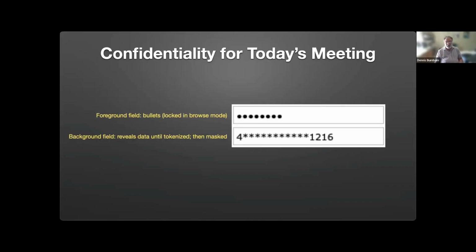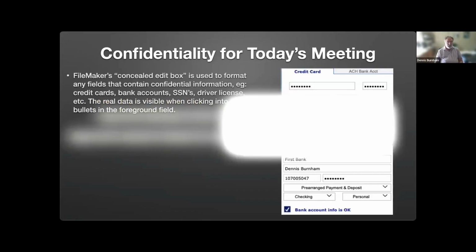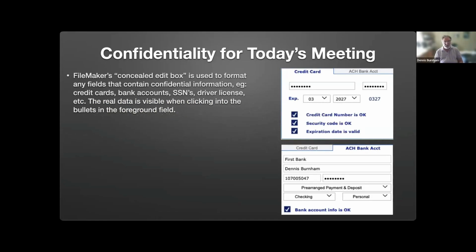The reason for that is so that you can comfortably have somebody in customer service talk with their customer about their credit card, even though they can't see the actual number. They can say, well, I've got your Visa card on file and it ends in 1216. That way the customer knows what account is being used.